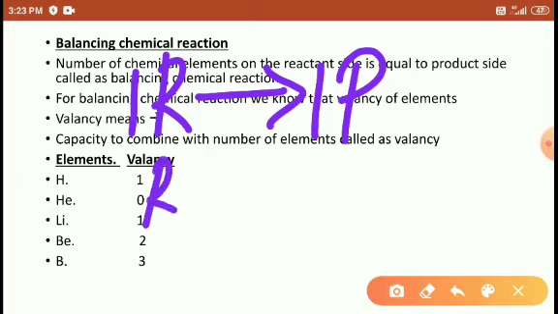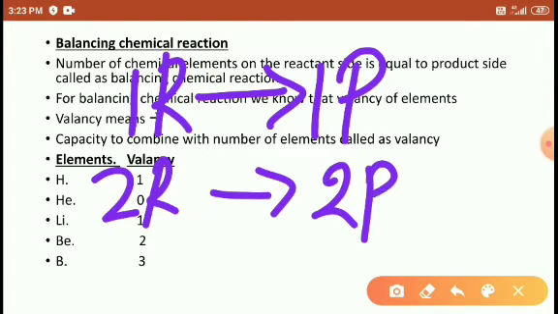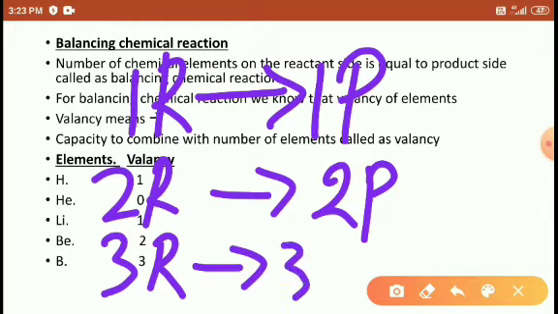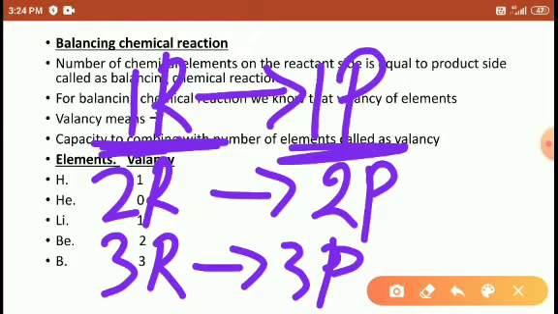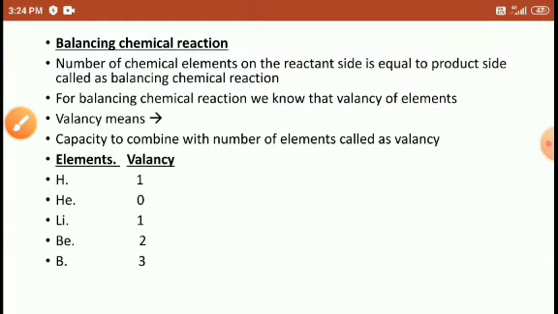If the reactant side is 2, the product is also 2. If the reactant is 3, the product is also 3. This is what we call a balancing chemical reaction. It means the number of reactants and the number of products are equal.